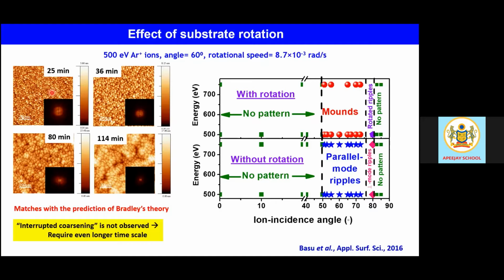Now, what was our interest? Our interest was whether we could reduce the dot size of silicon. Rather, our intention was whether we could push it all the way near the quantum confinement regime. That means, had we been able to push the dot dimension down to 10 to 12 nanometer, we could see amazing things in terms of light emission from these silicon quantum dots.